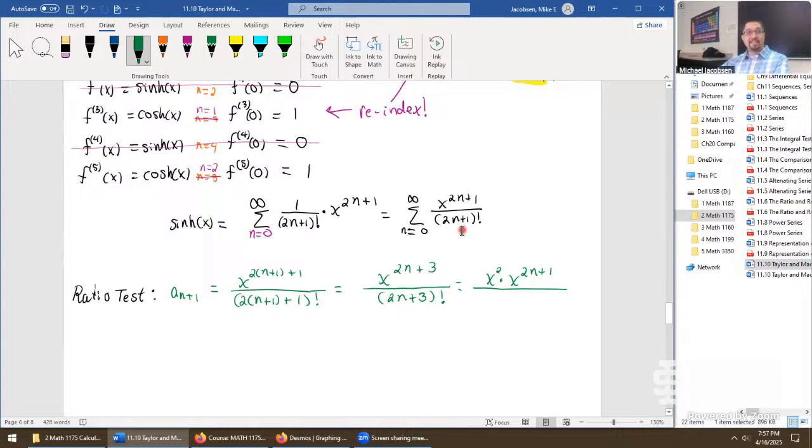We also want to cancel 2n plus 1 factorial into 2n plus 3 factorial. So this should factor until we get to the 2n plus 1 factorial part. So 2n plus 3, descend by 1, 2n plus 2, descend by 1 again, 2n plus 1. But that's as far down as we need to go. So now we put in the factorial.